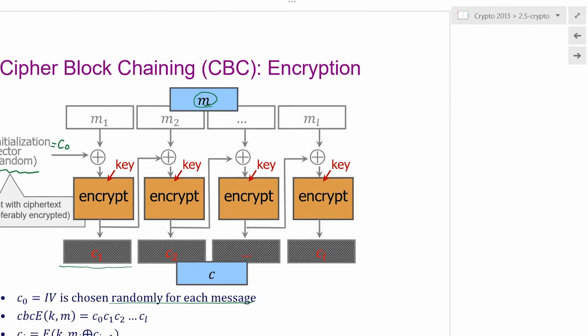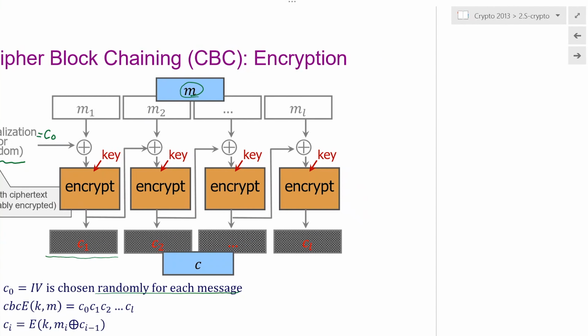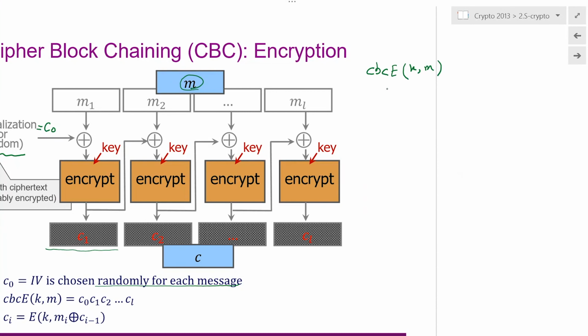Now if I want to write this idea into some pseudocode, I'll call it CBC encrypt, which takes some key K and M. So it's going to be doing this part. The first thing we want to do is select some random C0, some random bits.